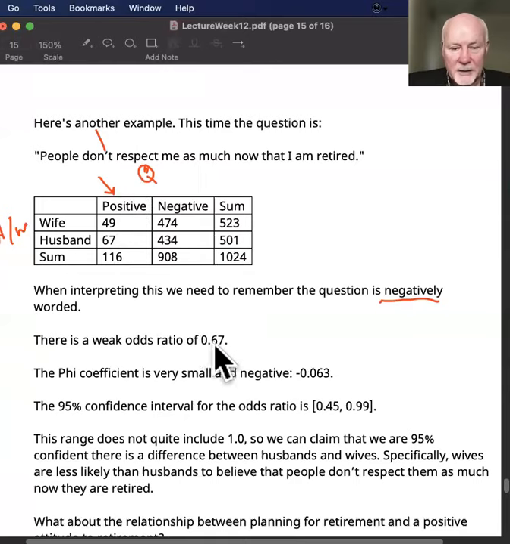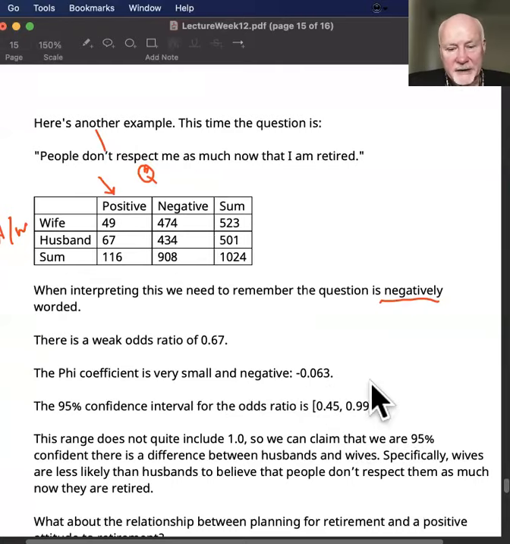Again, it's not a very strong odds ratio. The phi coefficient, the correlation coefficient, is again quite small. It's negative, as you'd expect in this case, minus 0.06.